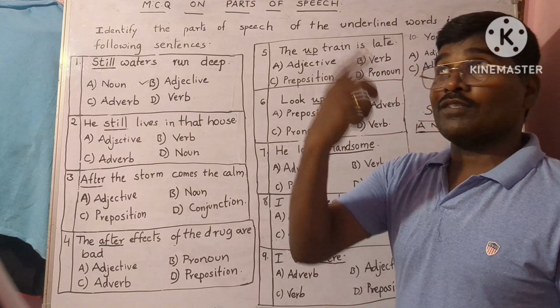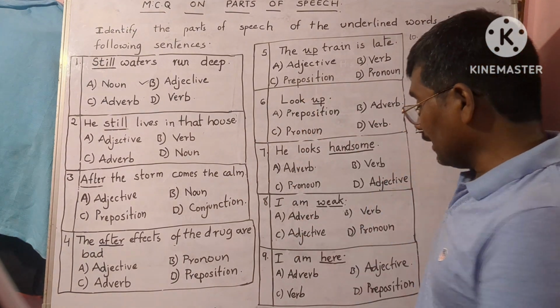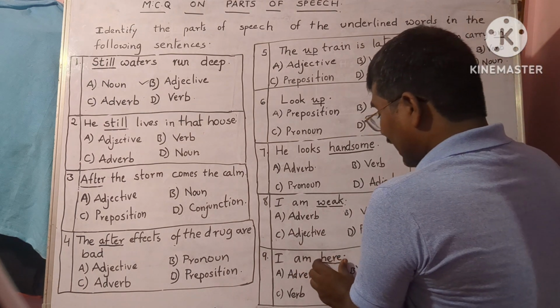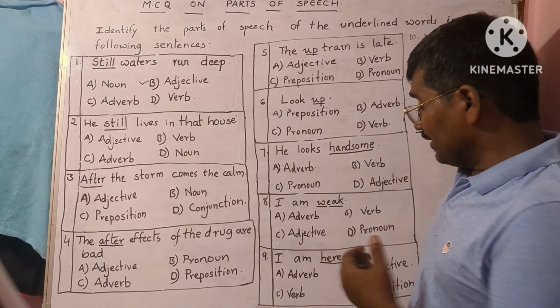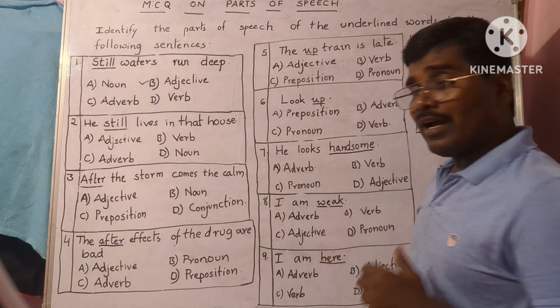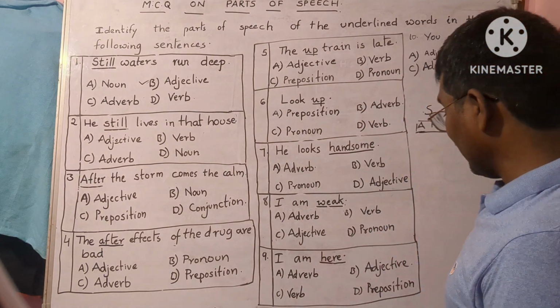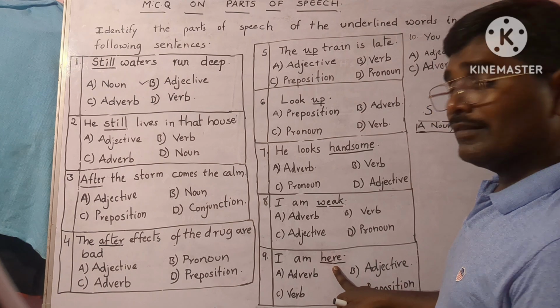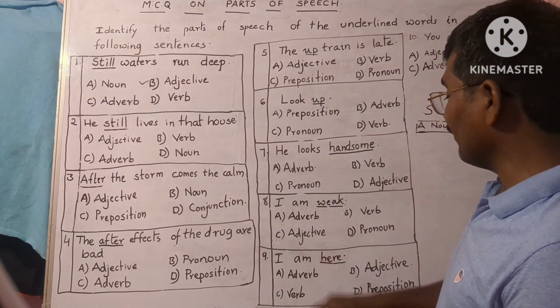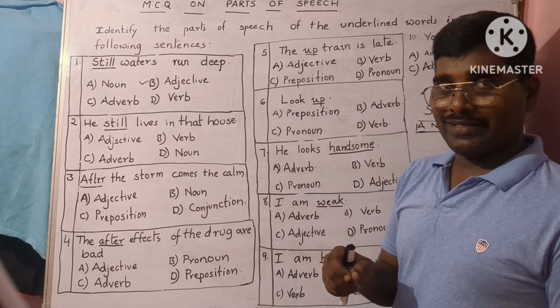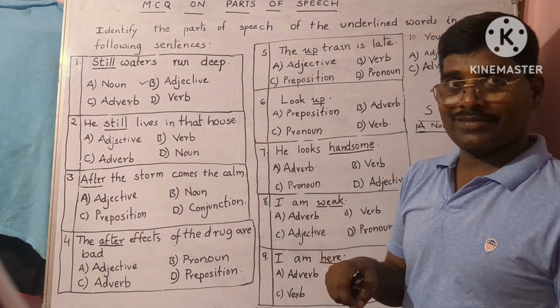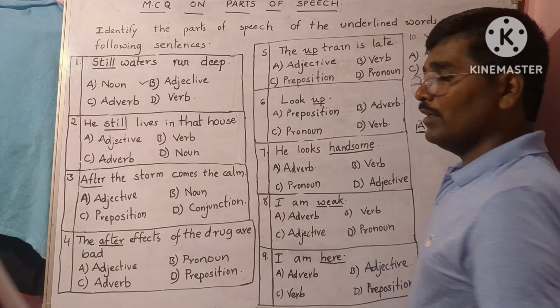My teacher is upstairs. That means there it is showing the location of my teacher. Then it is called an adverb. Since it is showing the place, we can call it an adverb. If it shows the characteristics or qualities or the color or the size, we can call it an adjective.